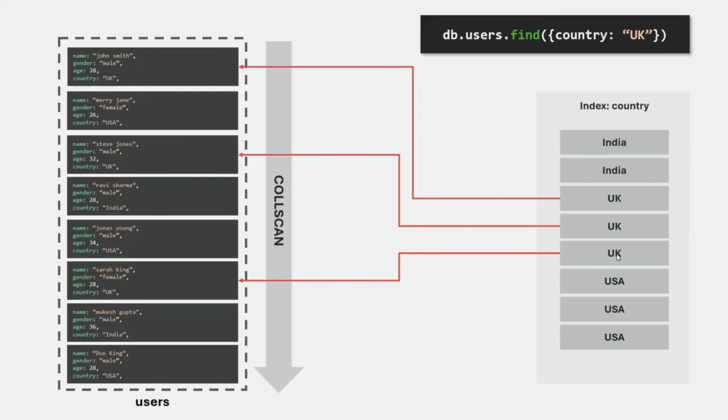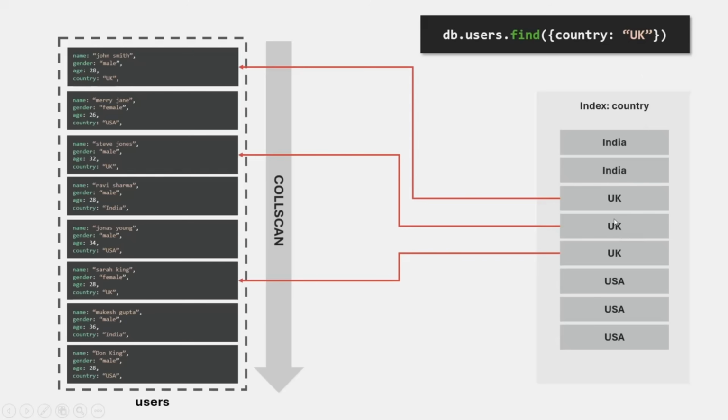So MongoDB will simply come to this index, go through these pointers and fetch the pointed documents in this users collection. So instead of doing a complete collection scan, MongoDB is simply going to fetch the documents being pointed to from this index, basically for these three elements, because here we want to filter documents using country as UK.